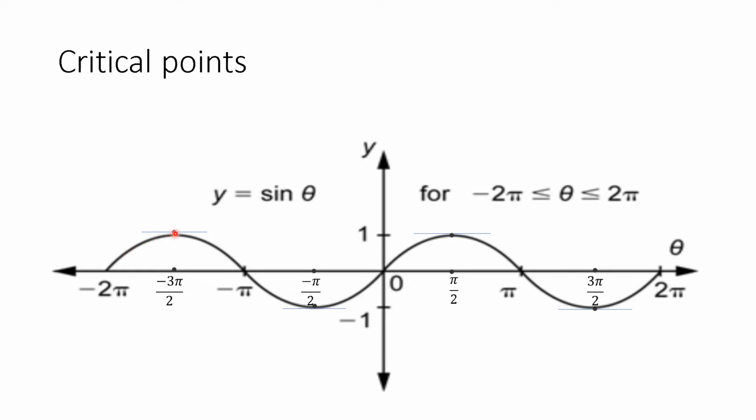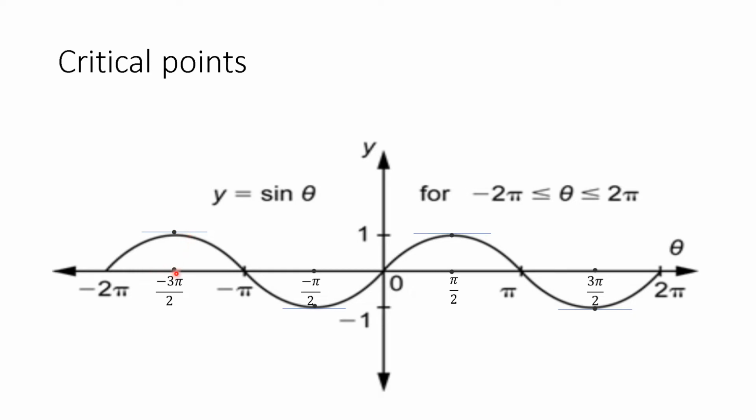In the middle at this point, if you draw a tangent, see here this tangent and this x-axis, these two lines are parallel. If you draw the tangent, you will see the tangent is parallel to the x-axis.